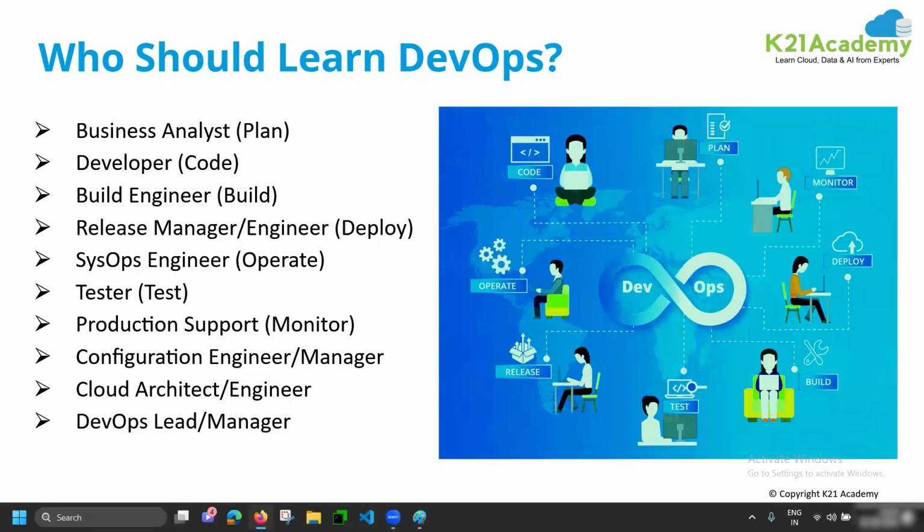Even nowadays, people coming from other backgrounds, especially business analysts, product owners, and managers, have to learn it. The involvement of DevOps is everywhere, so a person coming not just from the operations side but from a different background has to learn it, because the involvement is everywhere.